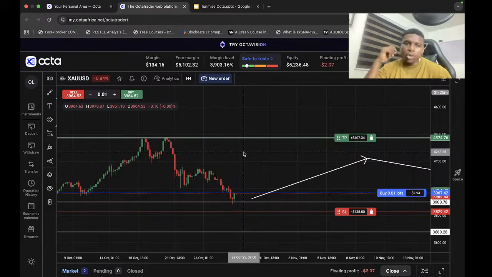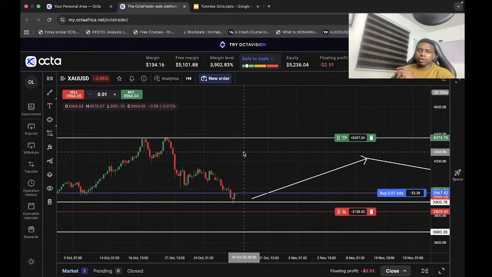So if the Fed cuts rates tomorrow, the gold market would go up. If the Fed increases interest rates tomorrow, the gold market will go down.